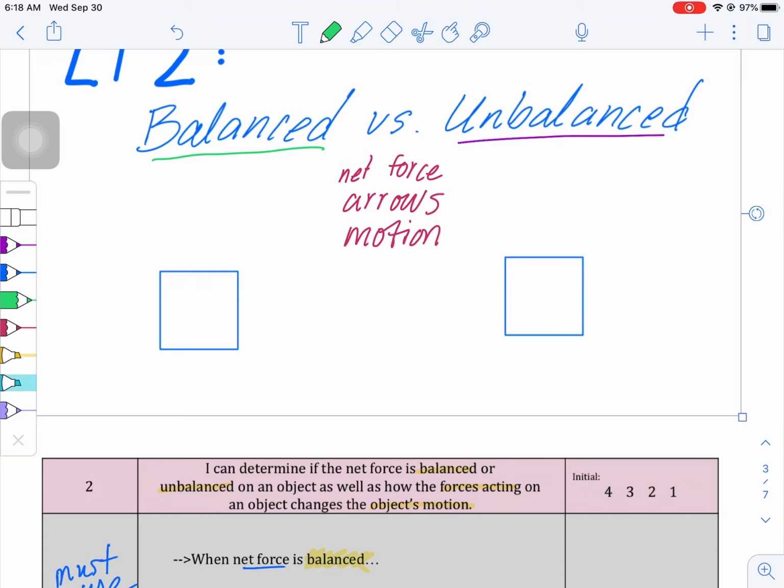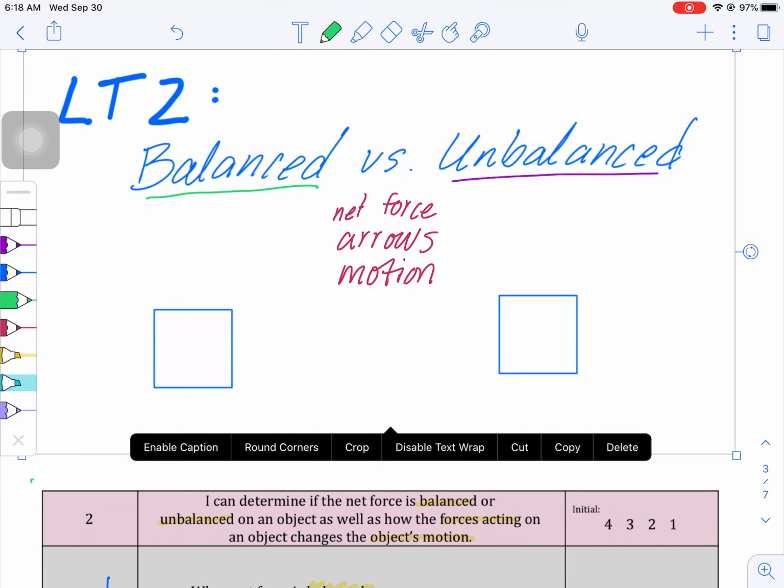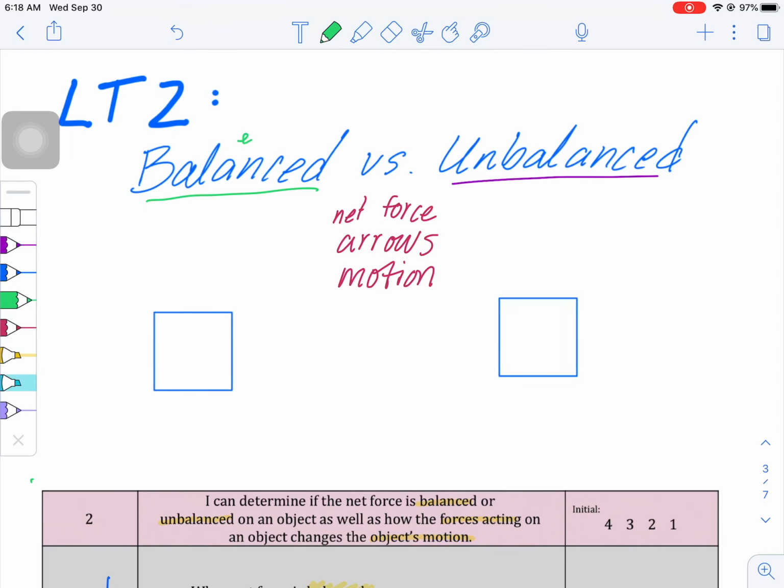Balance is another word for like even or equal. Right? So when we think about what those arrows look like, we know that they are opposite directions still, but they are equal in size. Okay? And so we can put any value on that just as a reminder that those are in fact equal.